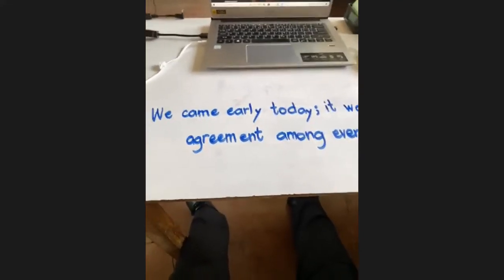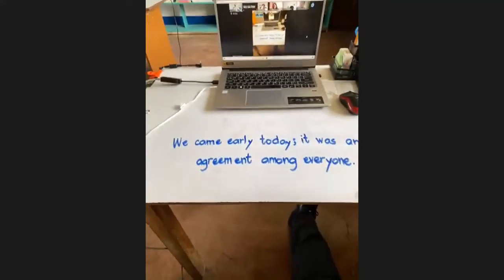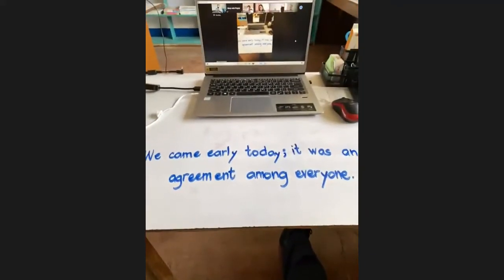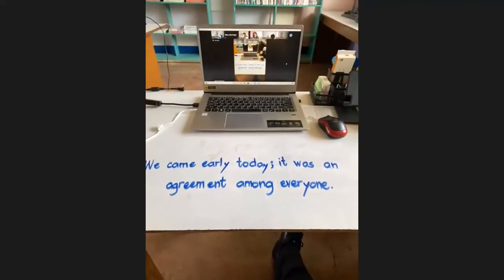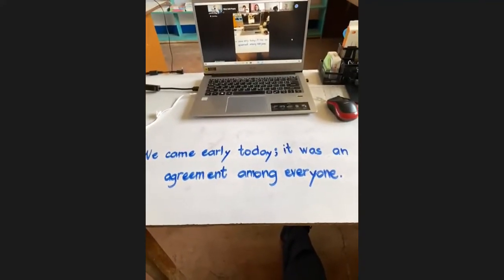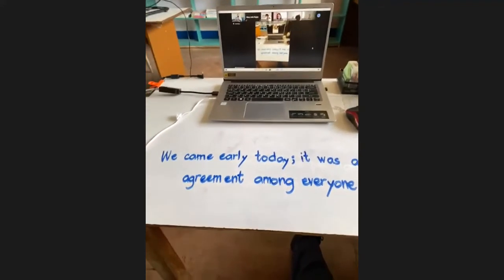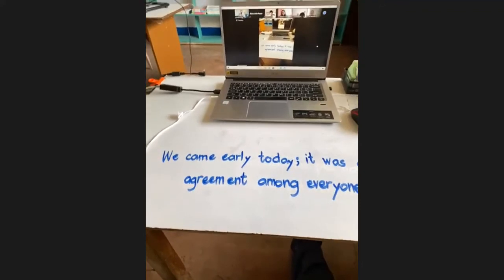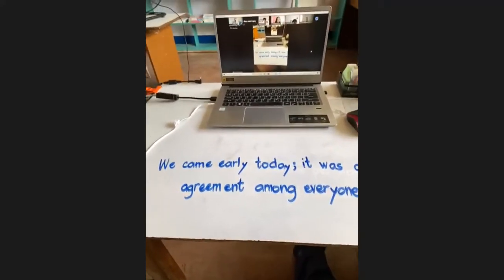Okay. We came early today. It was an agreement among everyone. In this sample, obviously, you have no word from FANBOYS, nor can you find any of your conjunctive adverbs. But do we have clauses combined together?